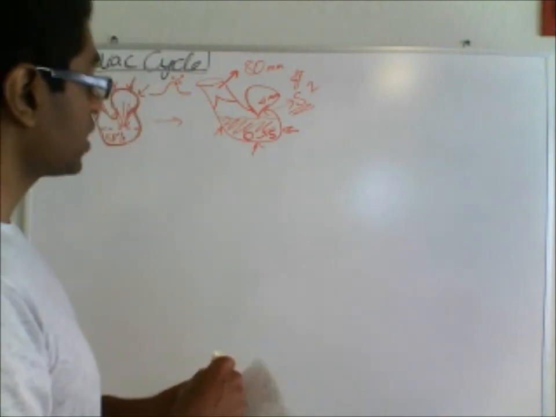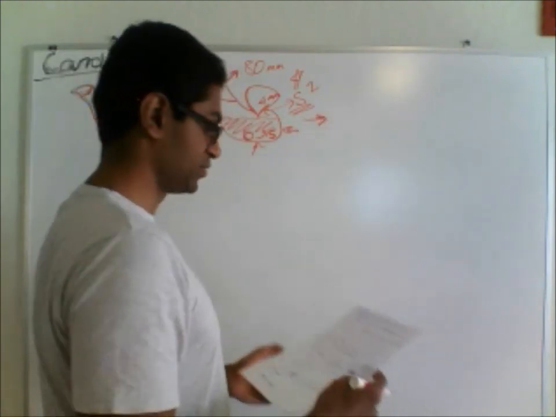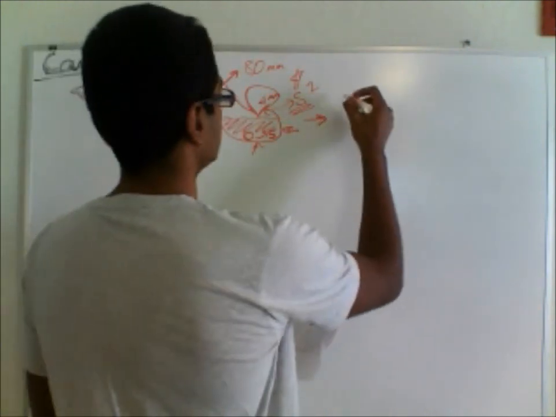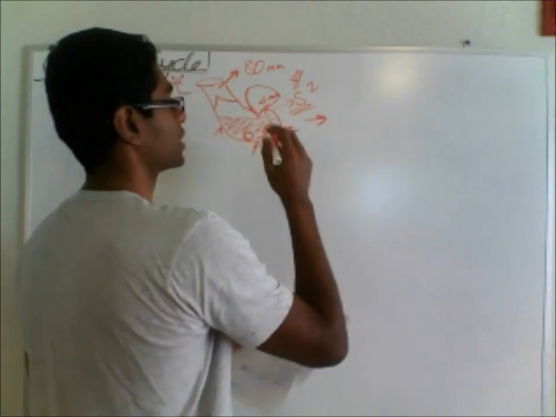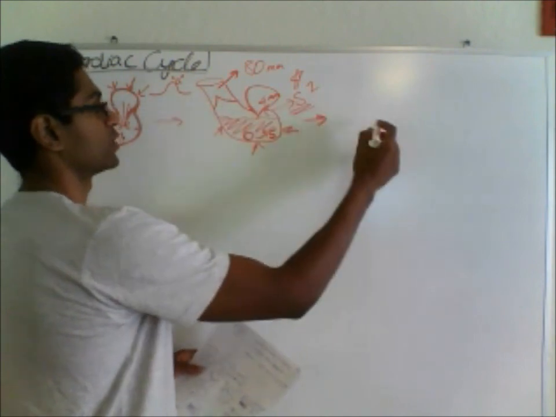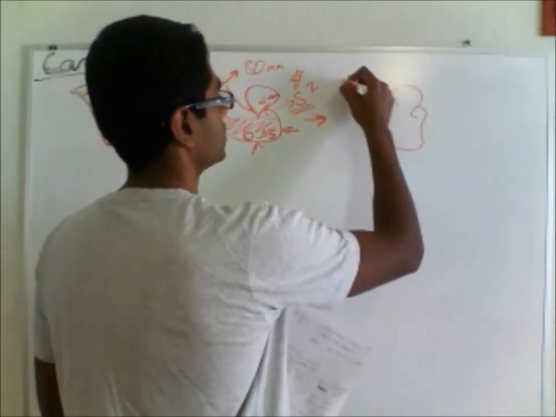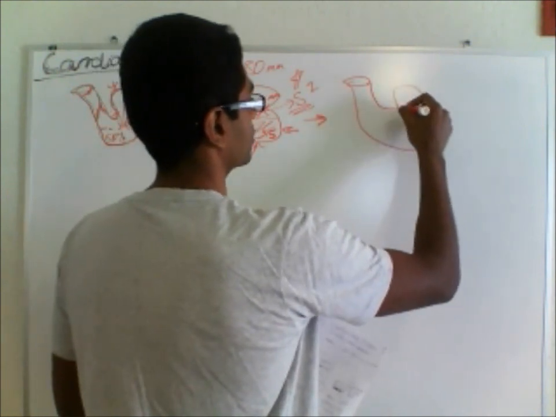So the next step, obviously, exactly, very good. So what happens is the aortic valve now opens because the pressure in here is what compared to the pressure in the aorta? Exactly, the pressure.